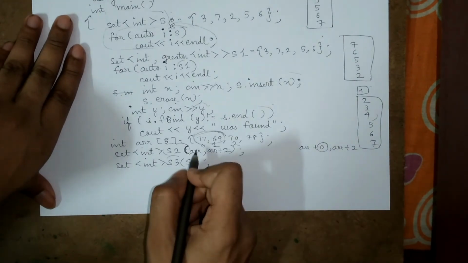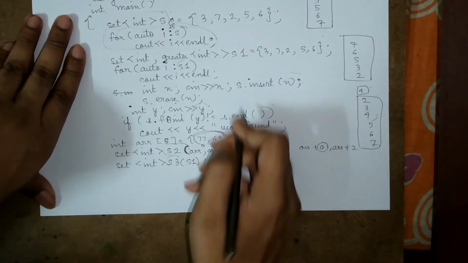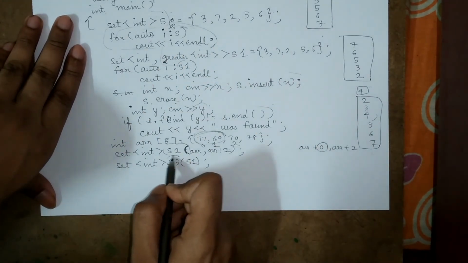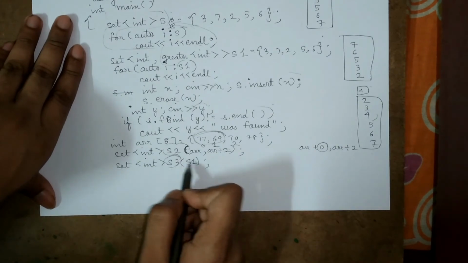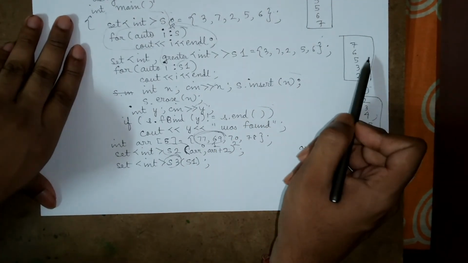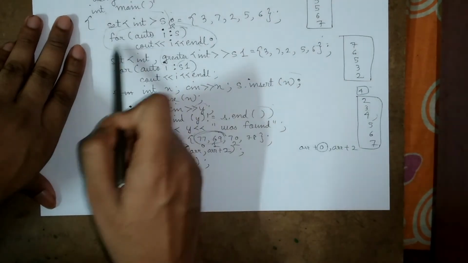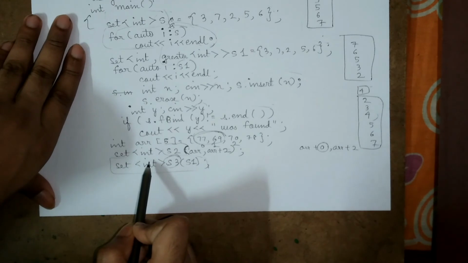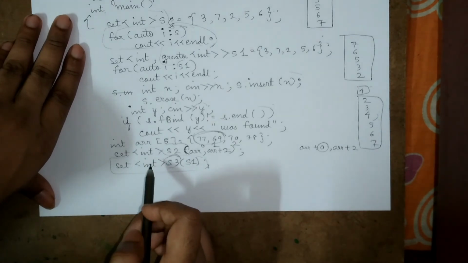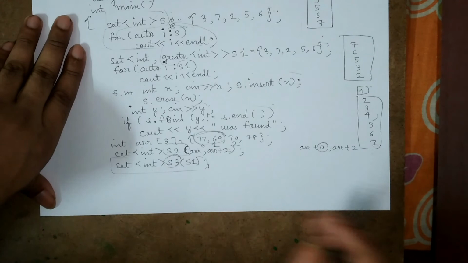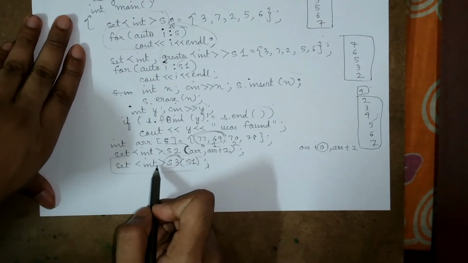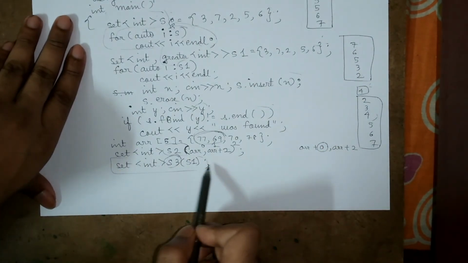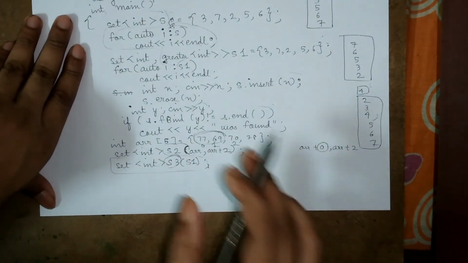Now, this s1 was in decreasing order because we wrote greater<int> over here, and if we copy this into s3, then the elements 7 6 5 3 2 that were in decreasing order would be converted to increasing order inside this set, because this set keeps elements in ascending order, as we have not written greater<int> over here. If you had written greater<int> over here, then the elements would have looked like 7 6 5 3 2, but since we have not, the elements of this set are arranged in ascending order.